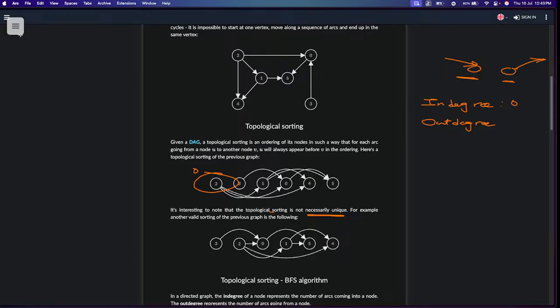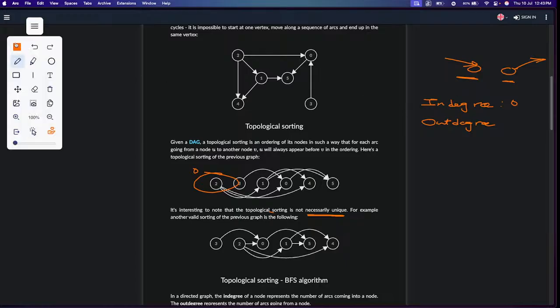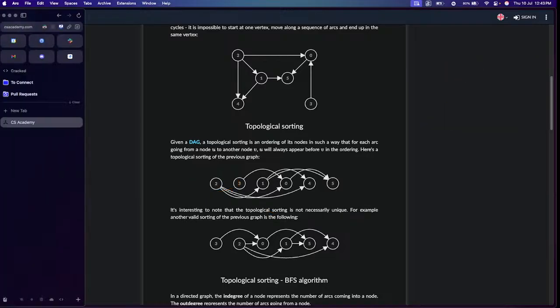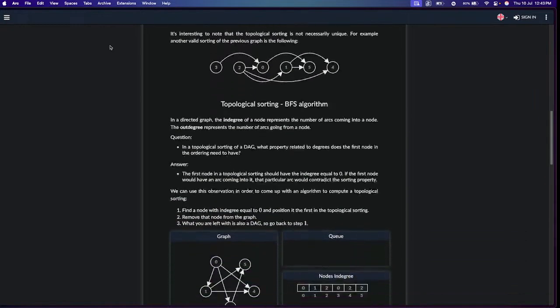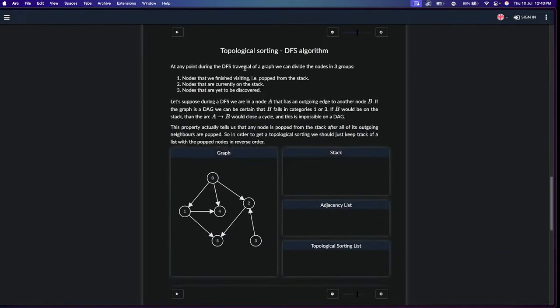Now, one thing about topological sort is it can be done via BFS, it can be done via DFS.